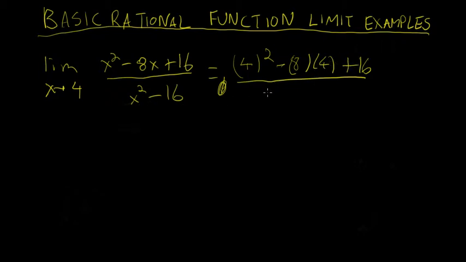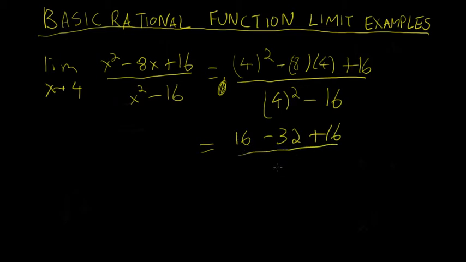And then in the denominator, x squared is going to get close to 4 squared, and minus 16 is going to get close to 16. So we have 16 minus 32 plus 16 in the numerator, and we have 16 minus 16 in the denominator. 16 minus 32 is negative 16, plus 16 is 0, and 16 minus 16 is 0.